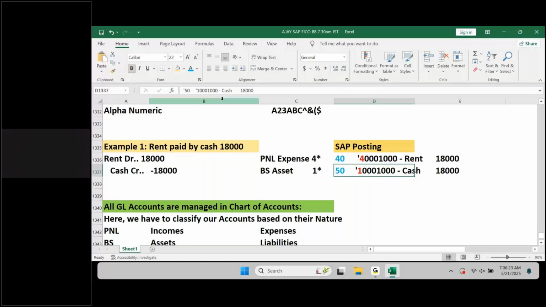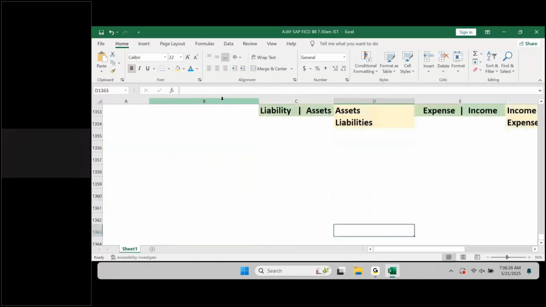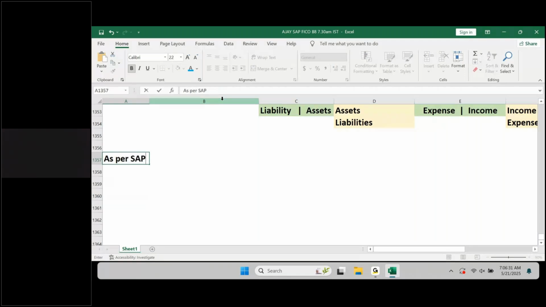Now, as per SAP, debit is equal to positive value, credit is equal to negative value.